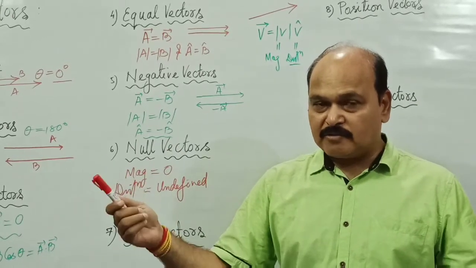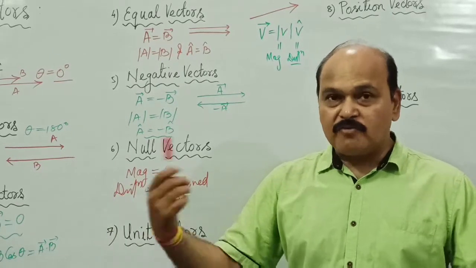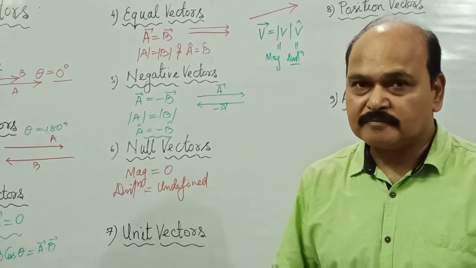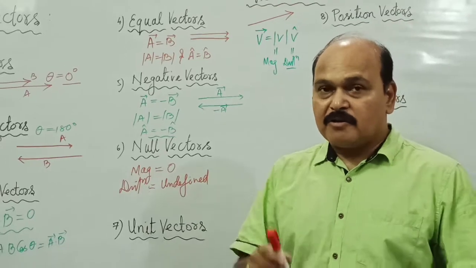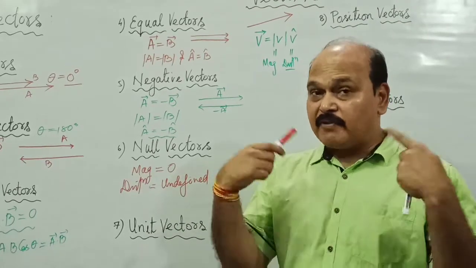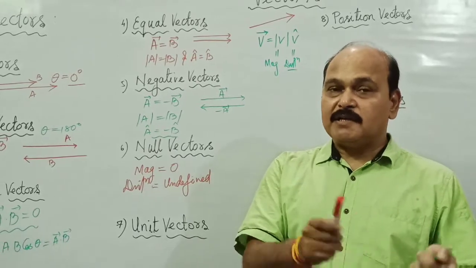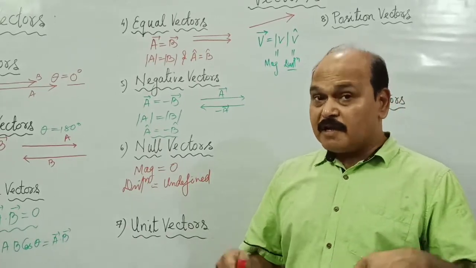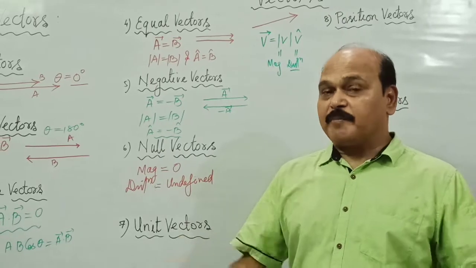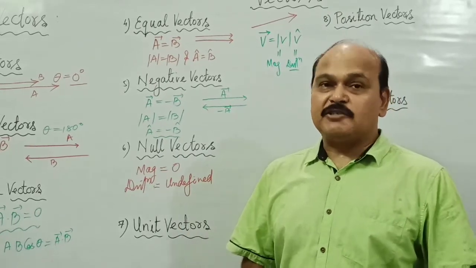When there is no magnitude, direction is not defined, then why do we talk of such vectors? Well, the cross product of two vectors is a vector quantity, the sum of two vectors is a vector quantity, the subtraction of two vectors is a vector quantity, and at times we get these vectors as 0.